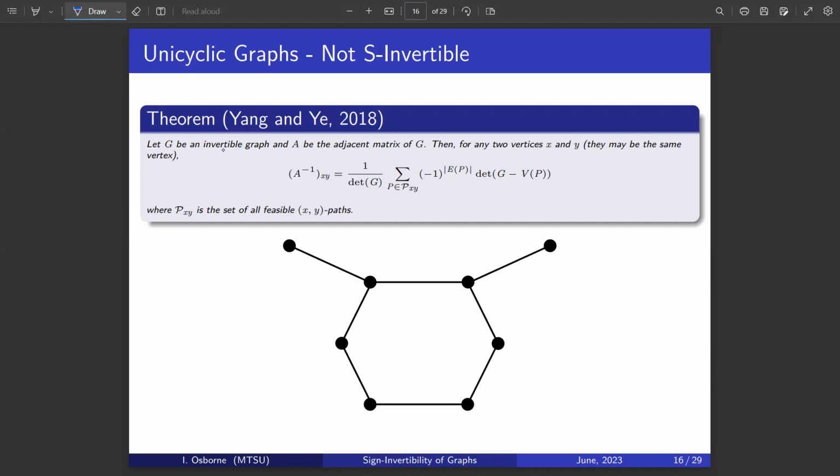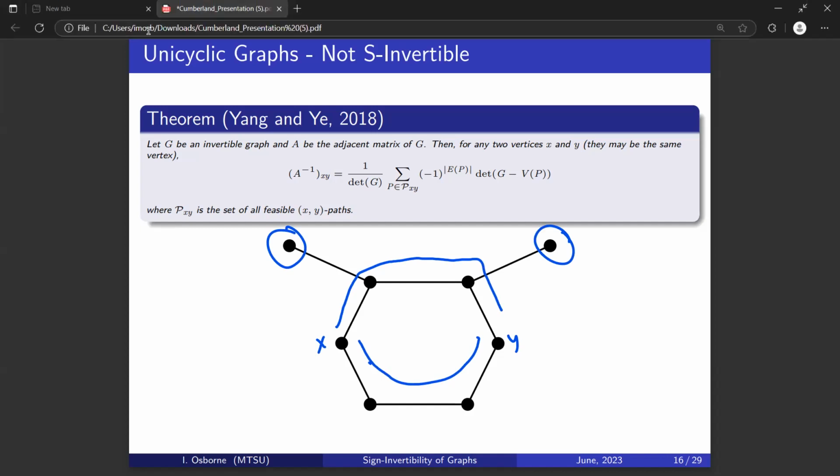So with this graph, we have two pegs. So with the paths inside the cycle, that's all fine. There's at most one feasible path between those, because if you're going from this cycle, this vertex to this vertex, and you come this way, then you isolate these two vertices, these two peg vertices, and you're left with a determinant of 0 for that path.